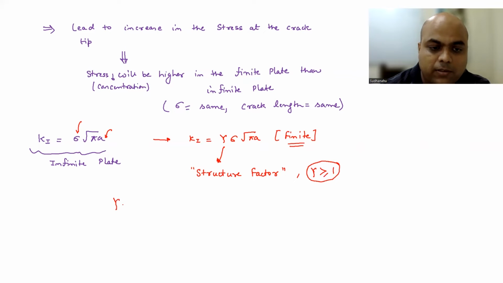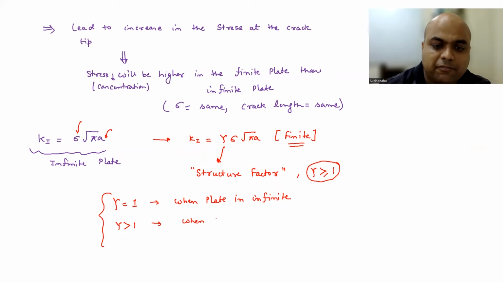So Y is equal to 1 when the plate is infinite. If Y equals 1, K equals sigma root pi a. So this is for the infinite plate, and Y is greater than 1 when the plate is finite.